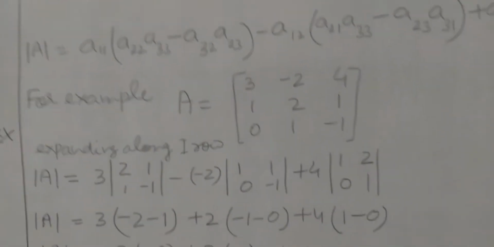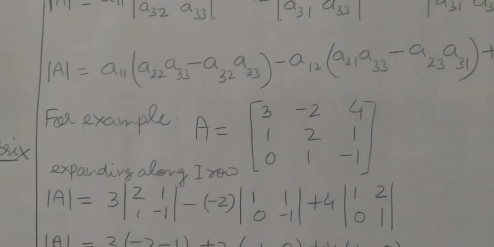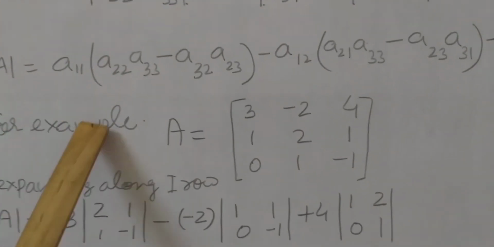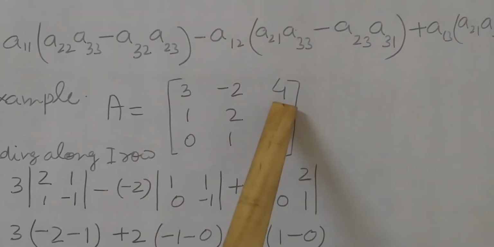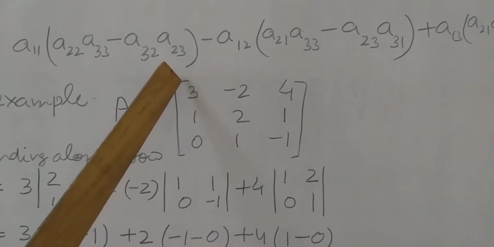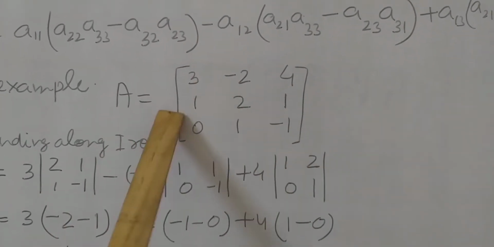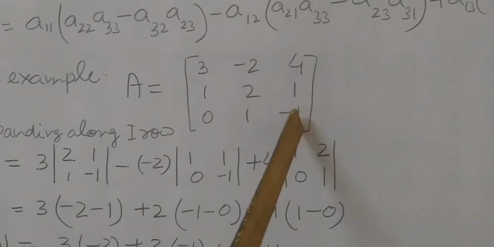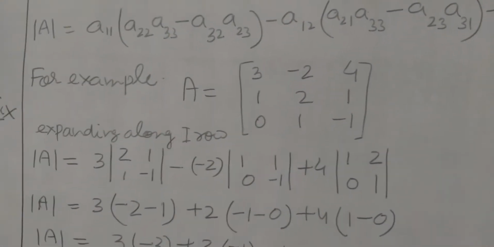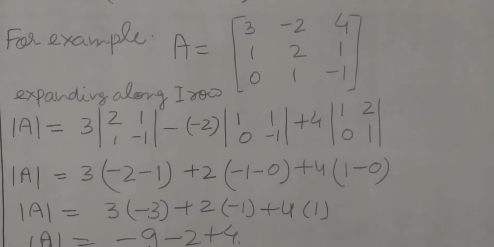Okay. So let us take one example, student. For example, A equals to a matrix of order 3 by 3, student. So first row, second row, third row, first column, second column, third column. So it is a square matrix of order 3, student.